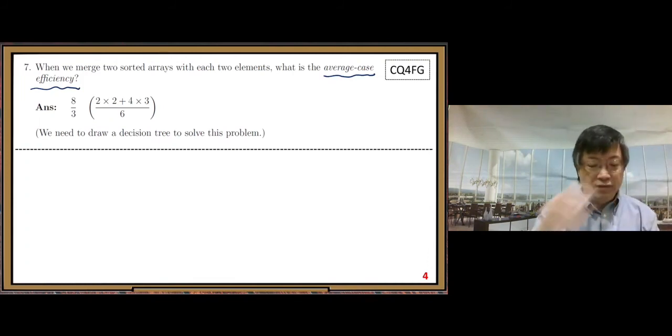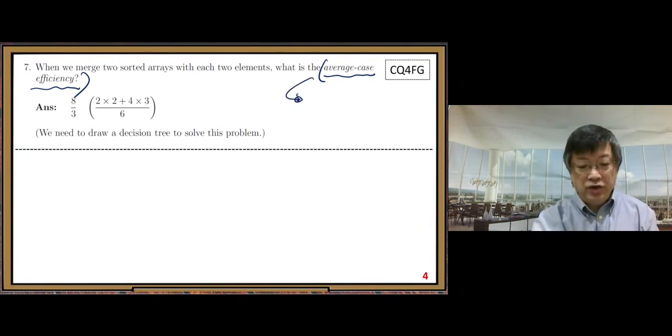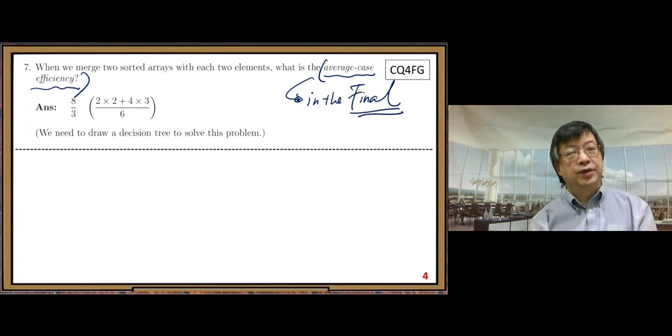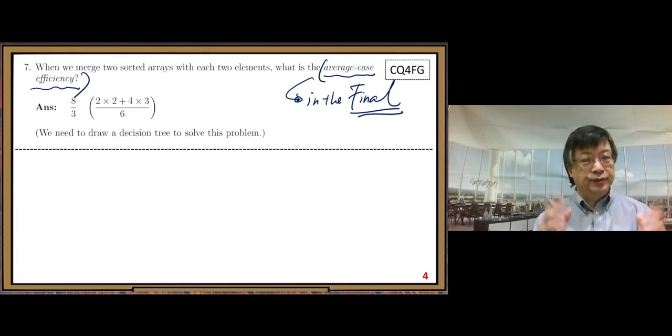What topic? Average case efficiency. This topic, you will see one question in the final. So try to do good preparation on it.